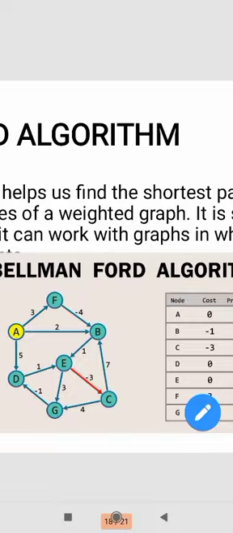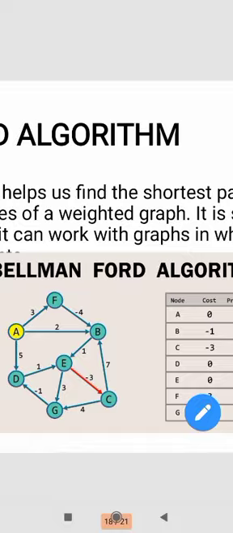Next, A to F, 0 plus 3, the value will be 3. Next, A to B, 0 plus 2, the value for B will be 2. For F, the value will be 3.